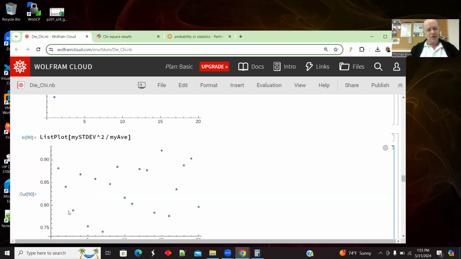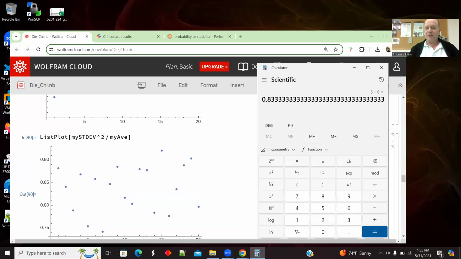Okay, so here we've got scatter. It seems that this quantity, the standard deviation squared, or the variance, divided by the average, doesn't seem to depend much on the sample size. It's just up and down scatter all over the place, and it's hovering around 0.8.